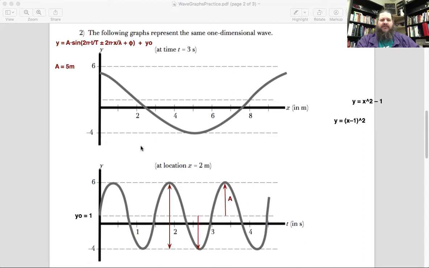If there's no phase shift, like let's say we had a wave that doesn't have a phase shift at all, if we leave that out, if you plug in 0 for t and 0 for x, what do you get for the resulting y value? What is sine of 0? Yeah, that'll just be 0.